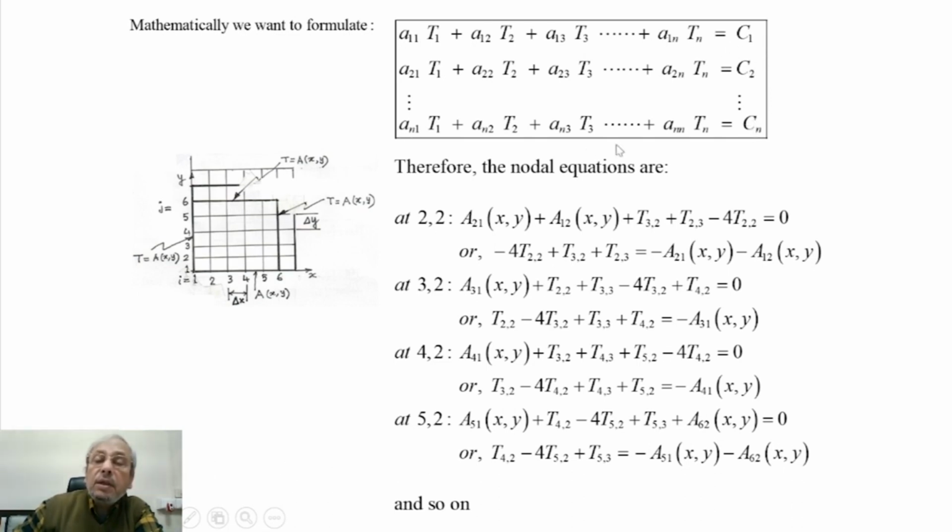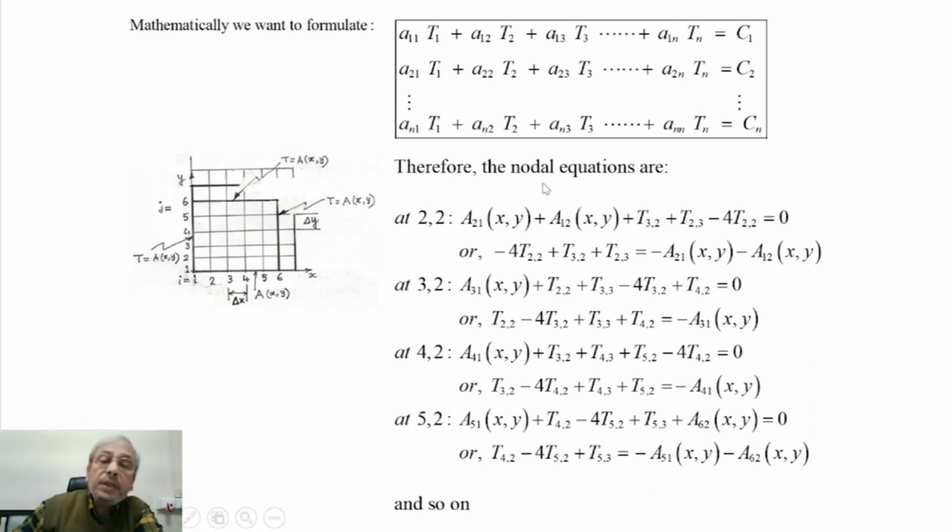It becomes a system of equations where we get a coefficient matrix, an unknown vector, and on the right hand side the known vector.